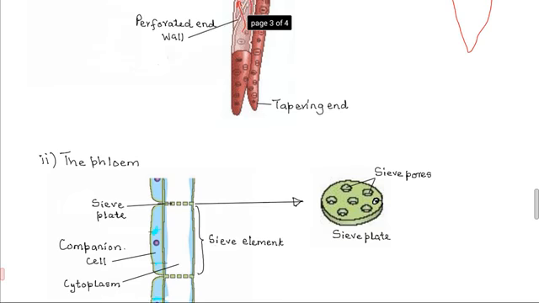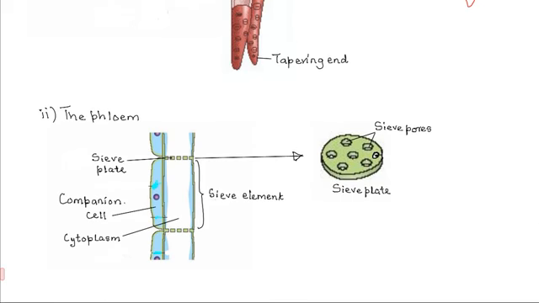Now, the phloem. The phloem is part of the vascular bundle. It is made up of two types of cells: the sieve element and the companion cell. The sieve element contains numerous cytoplasmic strands that run through it and extend from one element to the next.